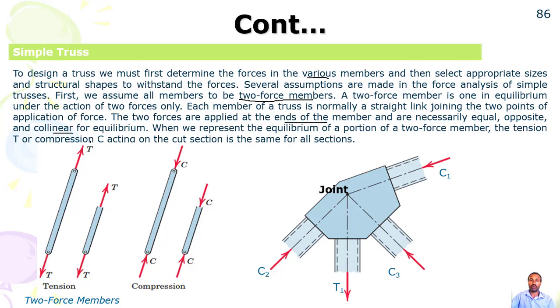That's why we apply action and reaction forces, Newton's third law. When we represent the equilibrium of a portion of a two-force member, the tension T or compression C acting on the cut section is the same for all sections. You can see C, compression, is towards the joint, or tension is away from the joint.